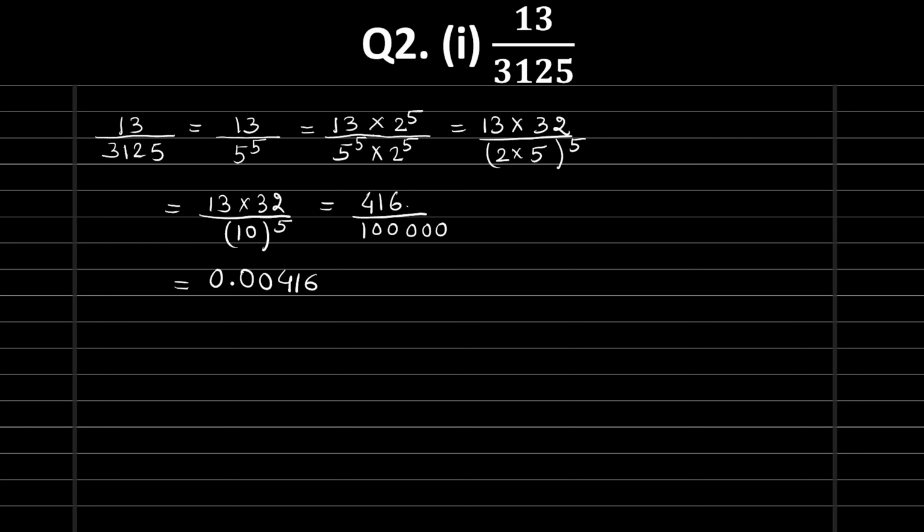On multiplying, we got 416 upon 1 lakh, which on dividing gives us 0.00416. So this is the decimal expansion of 13 upon 3125.